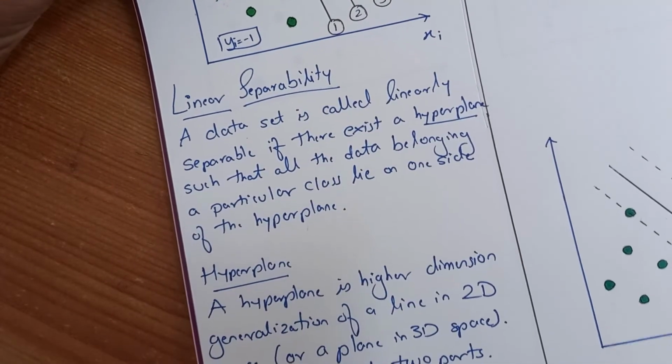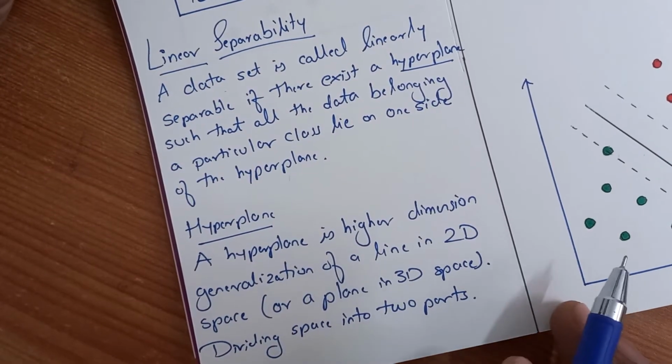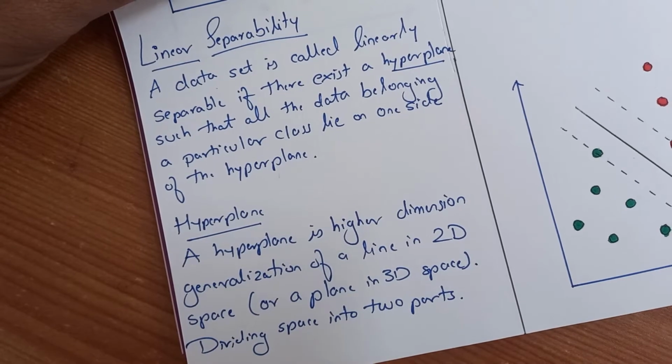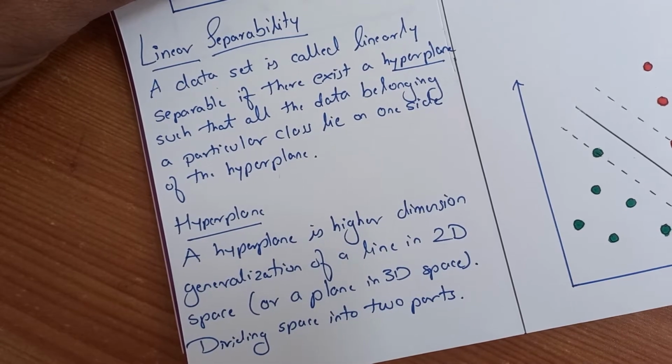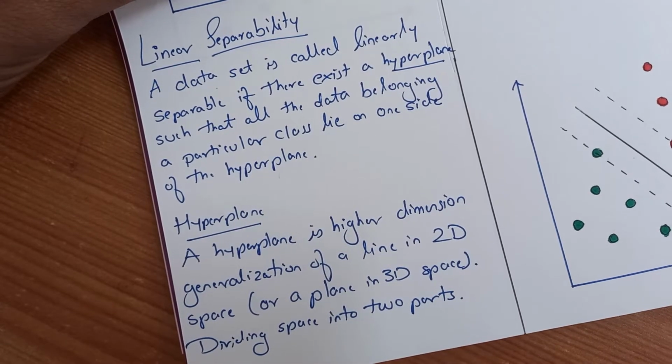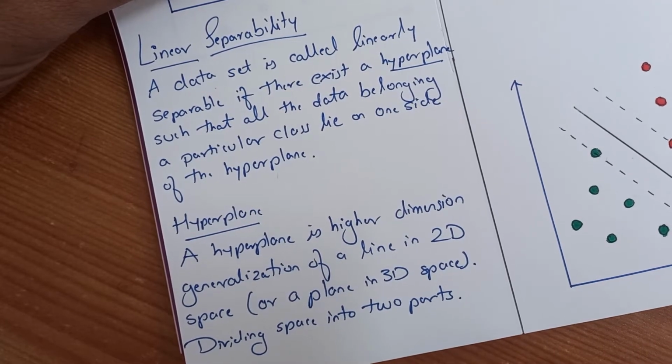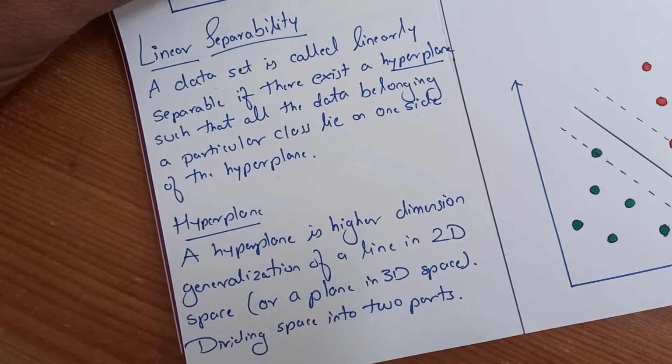A hyperplane can be a line in a 2D diagram or a plane in 3D space. You can look at this image displayed on the screen, which will help you understand. The hyperplane is a generalization of a line which separates the data into two different halves. It can be drawn in a 2D graph, a 3D graph, or in n dimensions, of course.